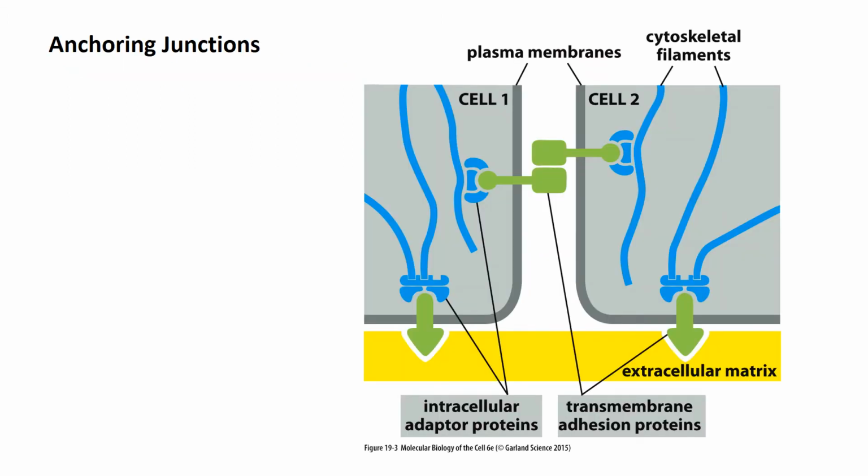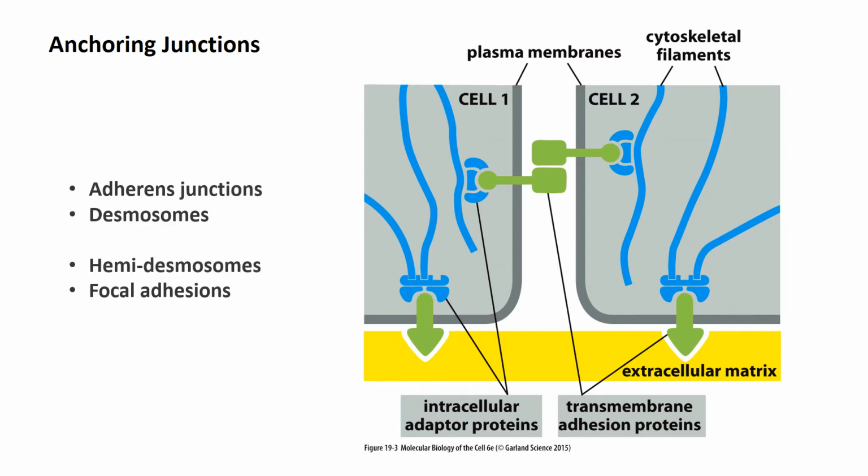Anchoring junctions come in a number of different flavors. Adherens junctions and desmosomes anchor adjacent cells to one another using single-pass transmembrane proteins known as cadherins. These cadherin proteins associate with intracellular adapter proteins. These adapter proteins form a dense region in the cytoplasm that is referred to as a plaque, and we'll see these plaques on subsequent slides.